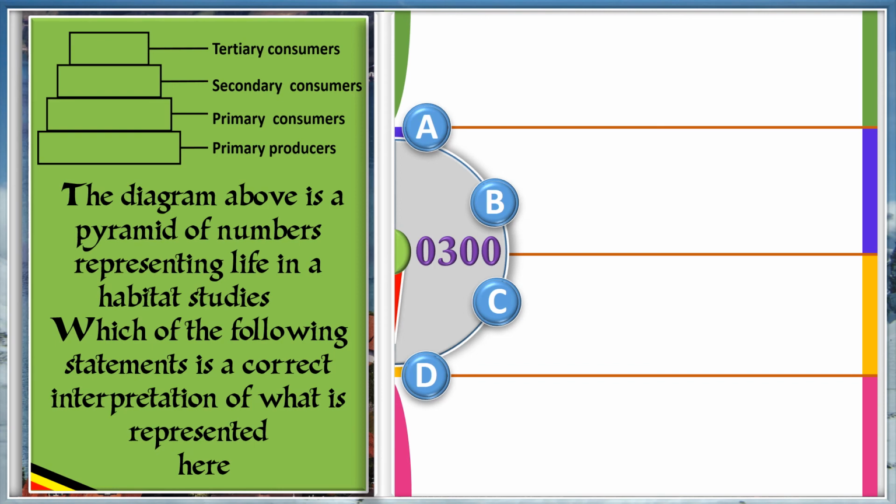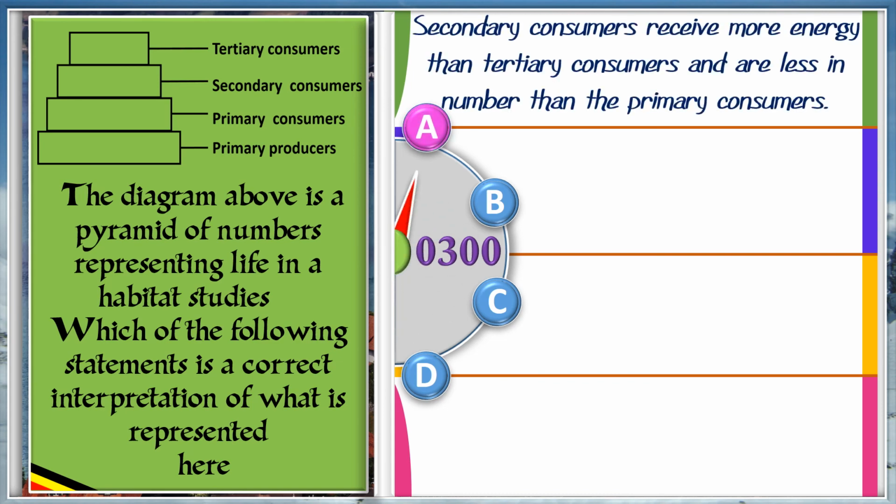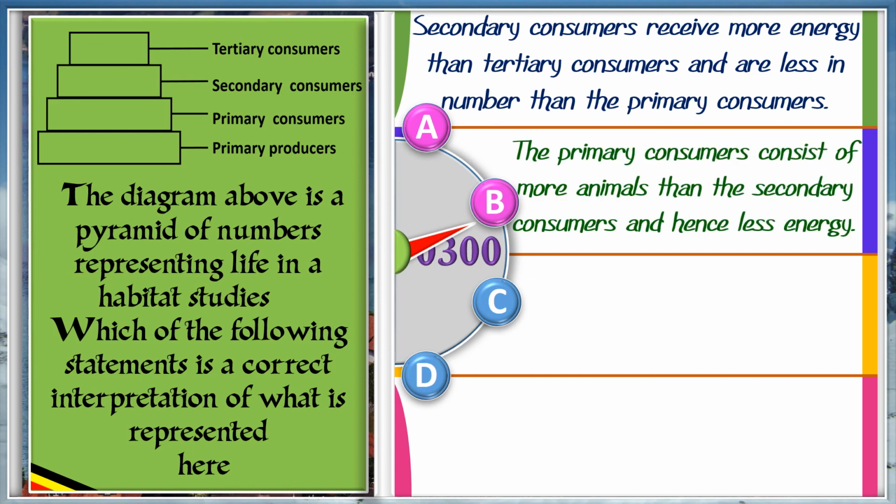A. Secondary consumers receive more energy than tertiary consumers and are less in number than primary consumers. B. The primary consumers consist of more animals than the secondary consumers and hence less energy.